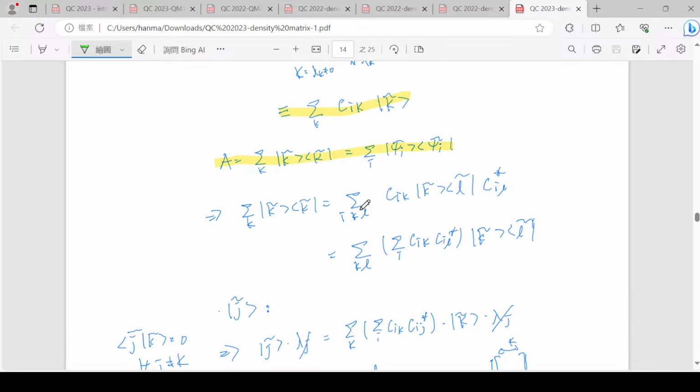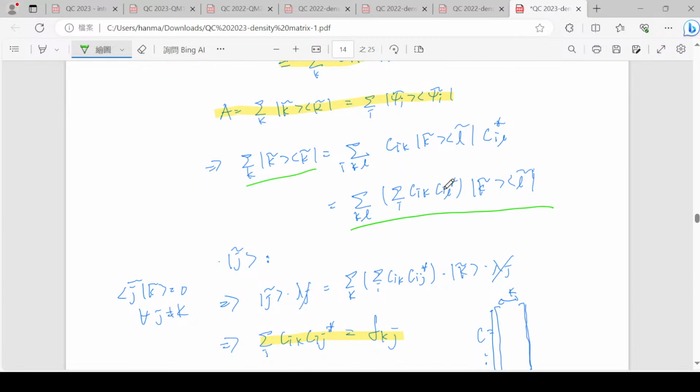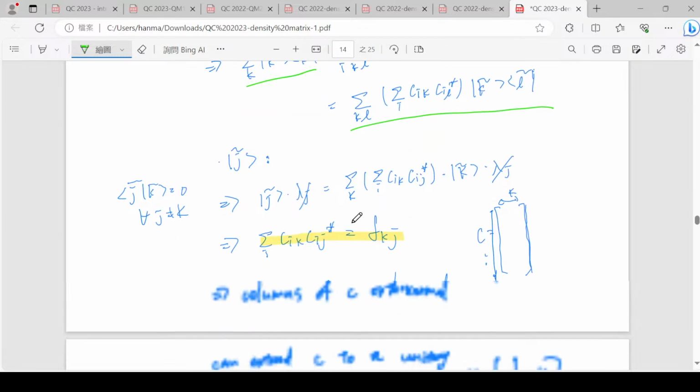Then you can see this is the summation over i of C_ik C_il star times k tilde, l tilde. Now you compare these two parts, the summation of k tilde, k tilde and this summation. This is very similar to before, and we see that if this part is delta_kl, then those two things should equal each other.